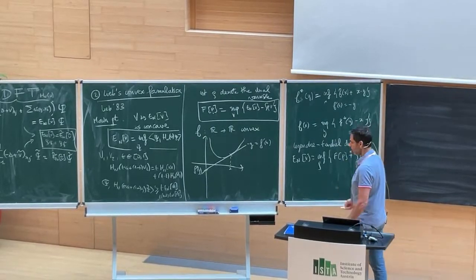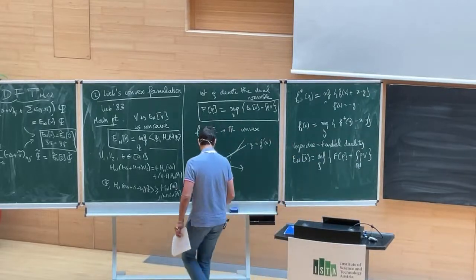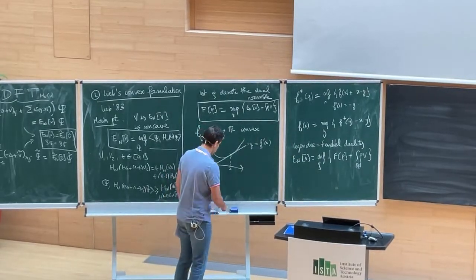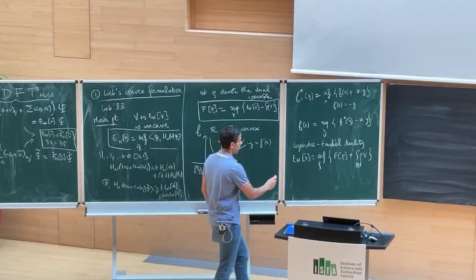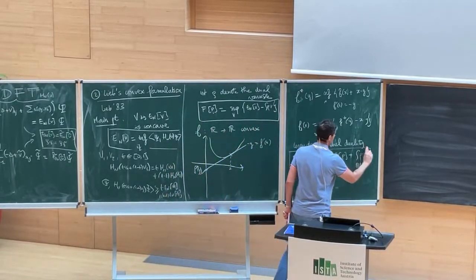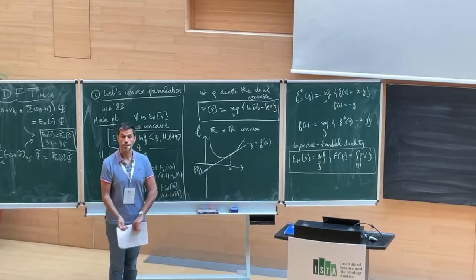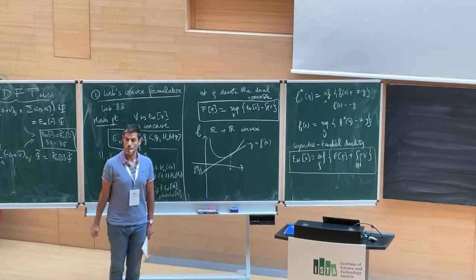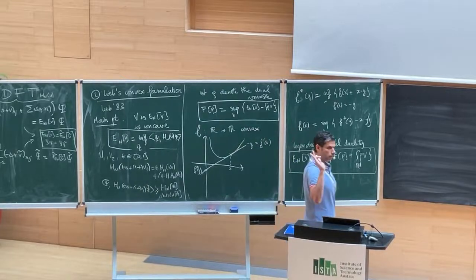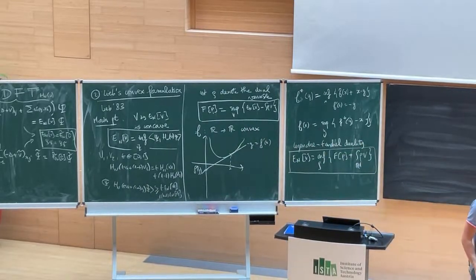Now it's something that looks quite good, because you see we have written our minimization problem of our N-body states in terms of a minimization problem in R^d, where the variable is rho. Okay, so with this, we've decreased a lot the complexity.